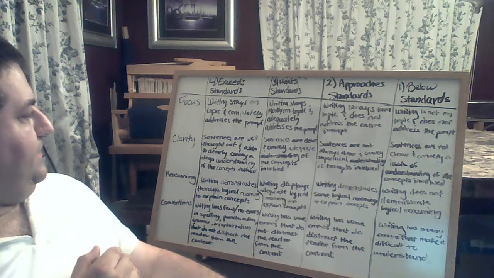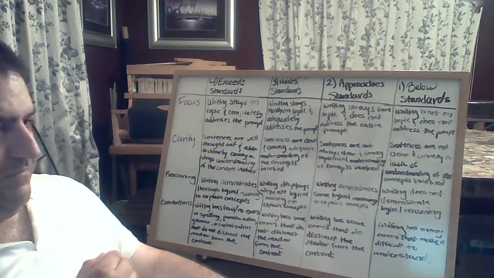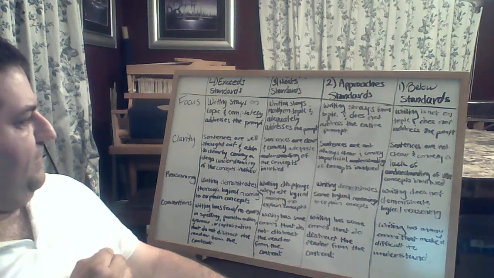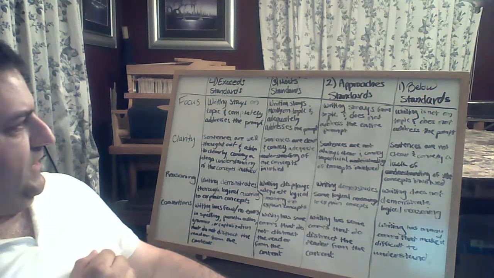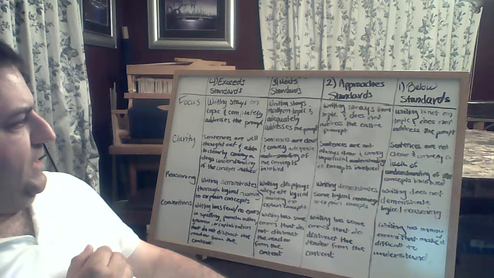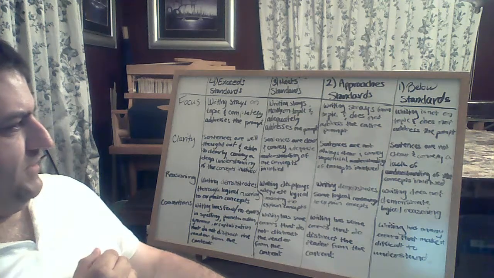For clarity, sentences are well thought out, and able to clearly convey a deep understanding of the concepts involved. Sentences are clear and convey adequate understanding of the concepts involved for meeting standards. For a 2, sentences are not always clear and convey superficial understanding of the concepts involved.